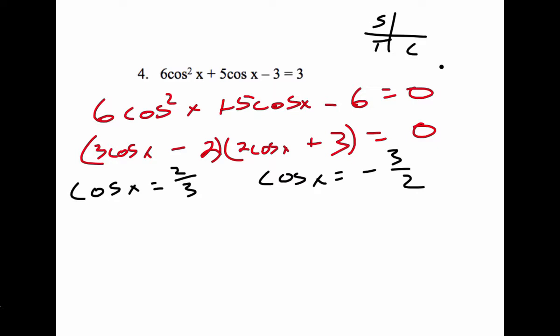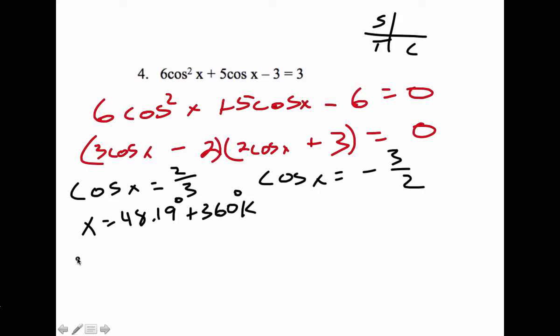Get your reference angle by using the inverse cosine of 2/3. And I get about 48.19. So x is equal to 48.19 degrees. Again, we're going to spin all the way around the circle. So I go plus 360k, just means go around again, go around again. So that's my quadrant 1.